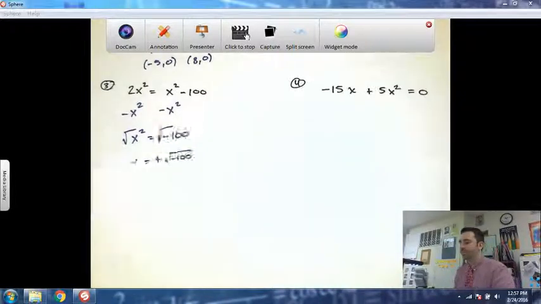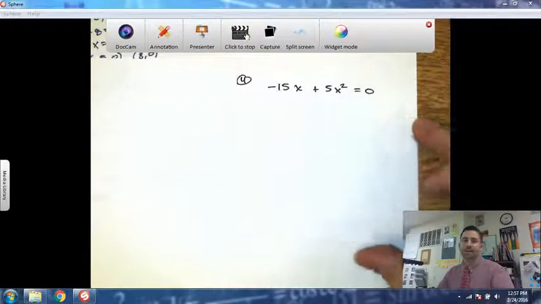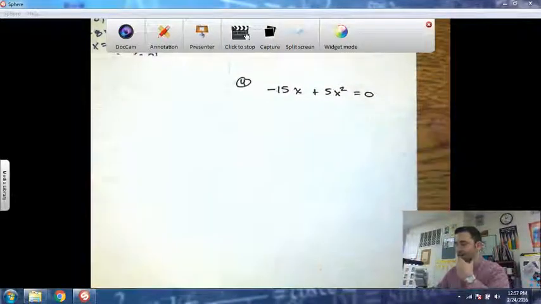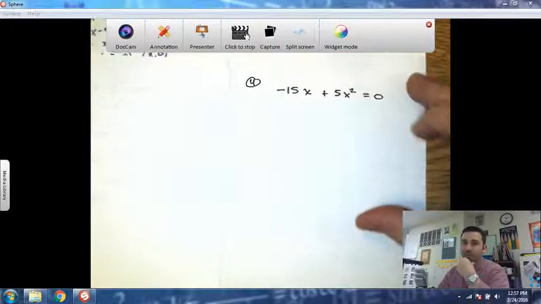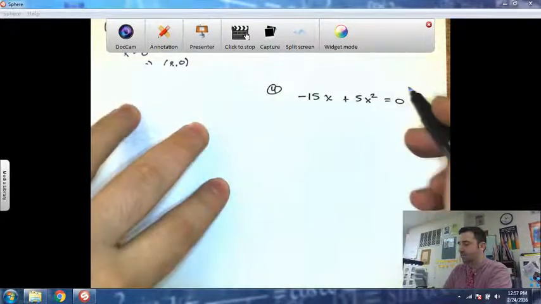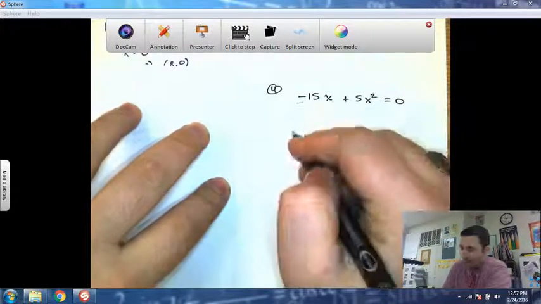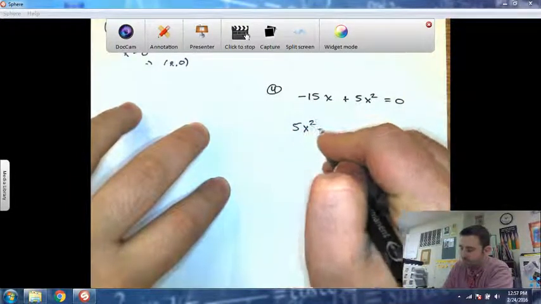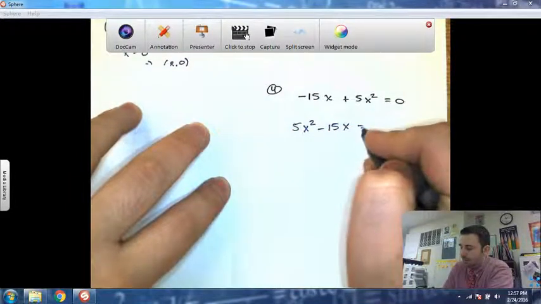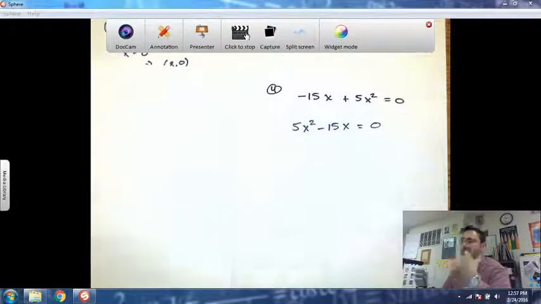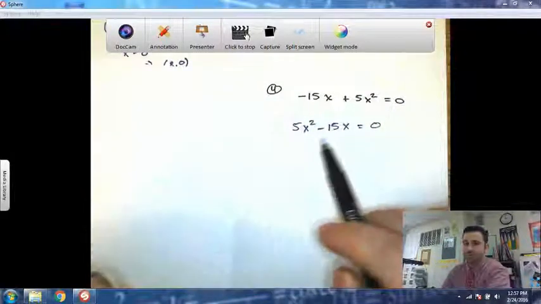All right, so the next and last example that we're going to look at, again here, we notice we have an x and an x squared term, so we can't just take the square roots. We're going to have to end up factoring. And first off, I see a negative in here. I just move it around so that my leading coefficient is positive, even if I have to factor out a negative, which in this case I didn't have to. This one I could just move them around.